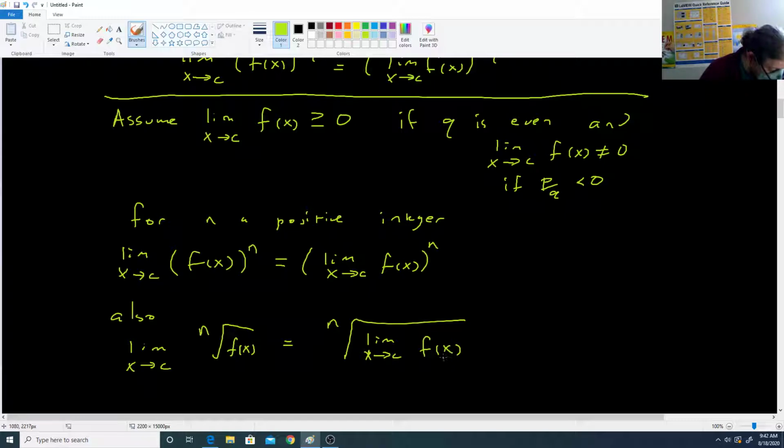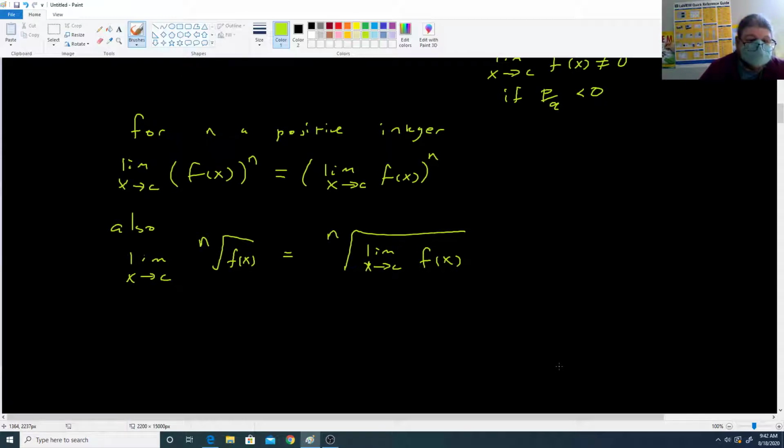So for the second limit, we need to assume that the limit as x approaches c of f of x is greater than 0 if n is even.